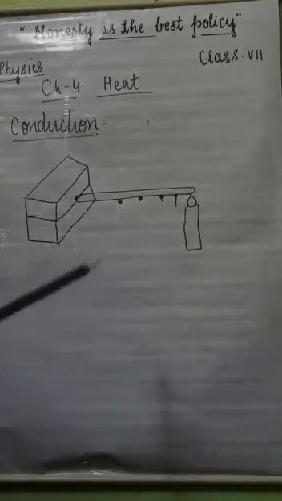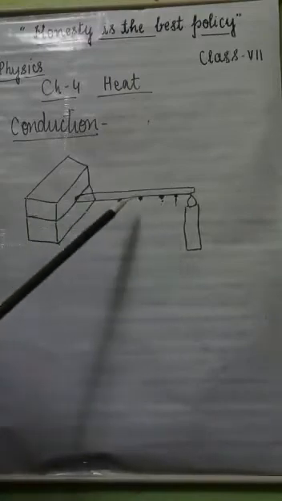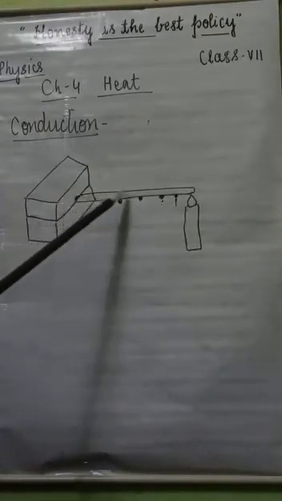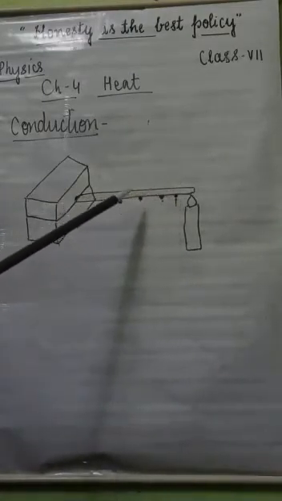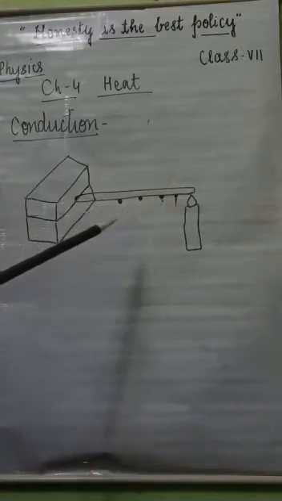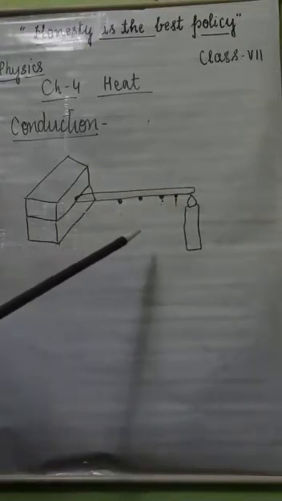We have taken a rod in this activity. There is one flat strip of a metal. It may be of aluminum or iron.